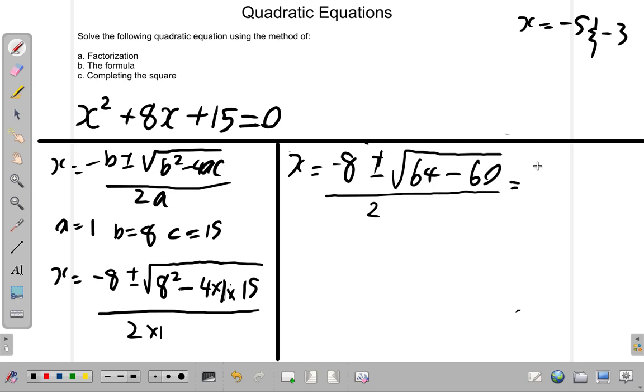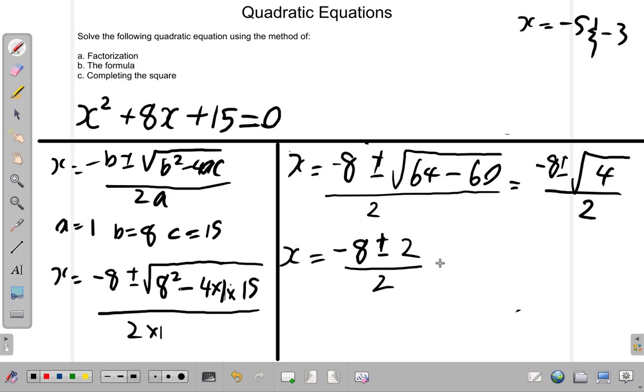So x is negative 8 plus or minus the square root of 64 minus 60 is 4, over 2. All right? Continuing here, x is equal to negative 8 plus or minus the square root of 4 is 2, all over 2.